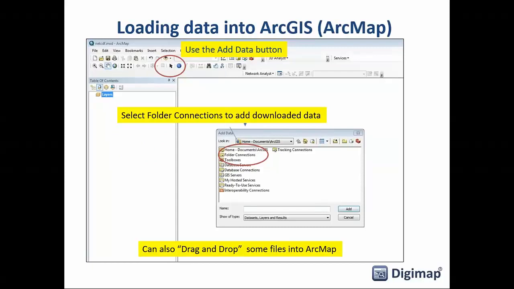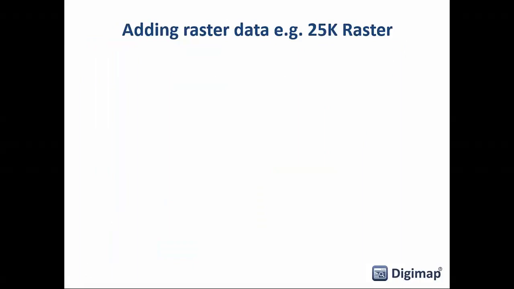For getting the data in, it's basically very simple. You just load up ArcGIS, use the Add Data button, and select the folder where you put the downloaded data that you've unzipped. In that folder you'll have either your shapefile or your geodatabase or your raster datasets, and then you can just select that. Sometimes you can also drag and drop some files into ArcMap.